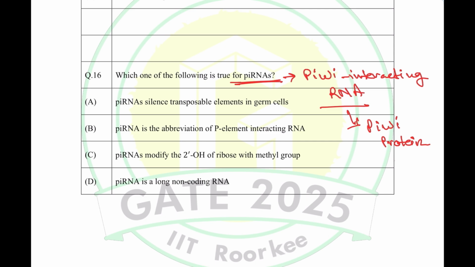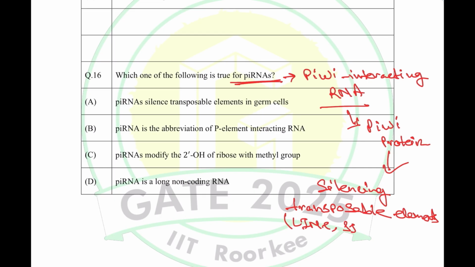So this is mainly responsible for silencing transposable elements like LINE, SINE, and retrotransposons.